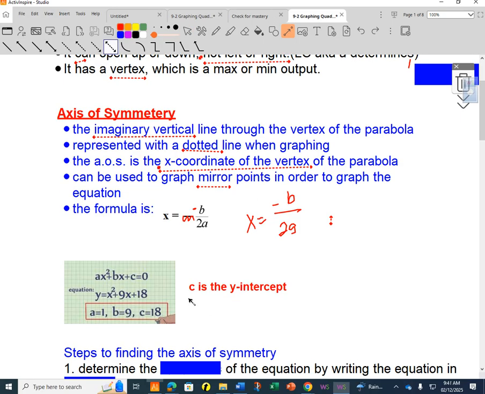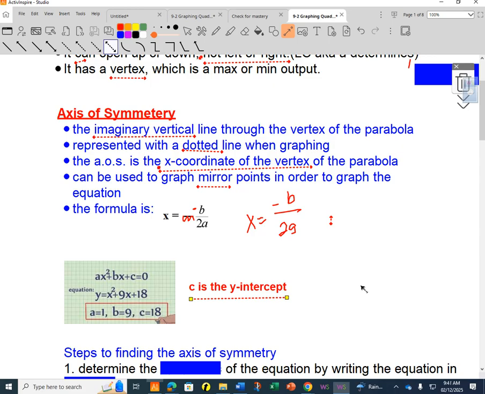This is review, I know. But the y-intercept is one of the points we're always going to plot when we're graphing a parabola. On the ones we graphed yesterday, the y-intercept was also the vertex, but it's not always that way. The ones we're going to do today won't always be that way.